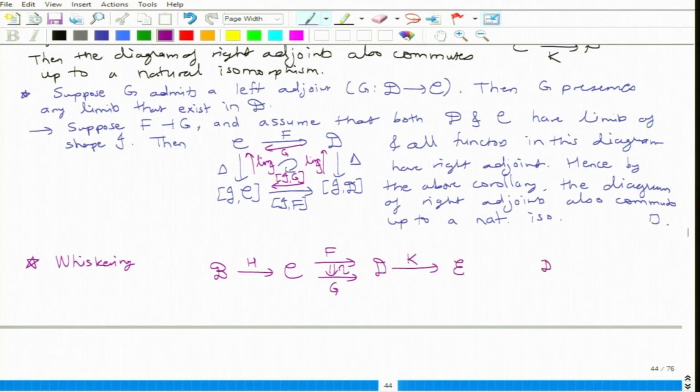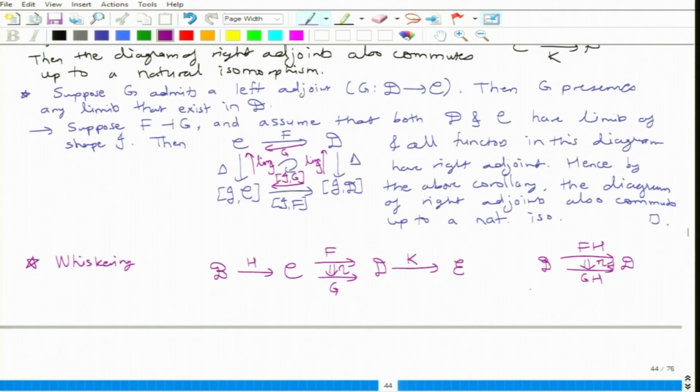FH is from B to D. Now we know the existence of a natural transformation from F to G. So does there exist a natural transformation from FH to GH? Yes. So this is like vertical composing with horizontal. It will be written as eta sub H.